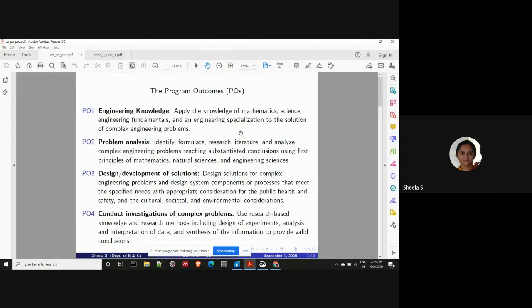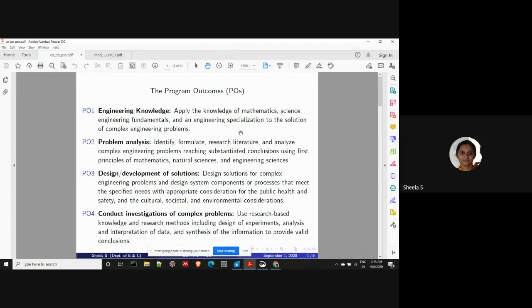And next, let us have the third PO, that is design or development of solutions. When you are able to analyze a problem, then you will try to develop a solution for that problem. So that comes under design and development of solutions.